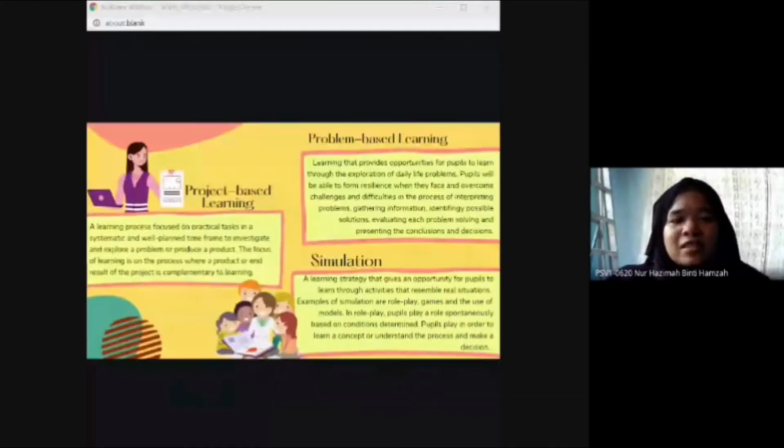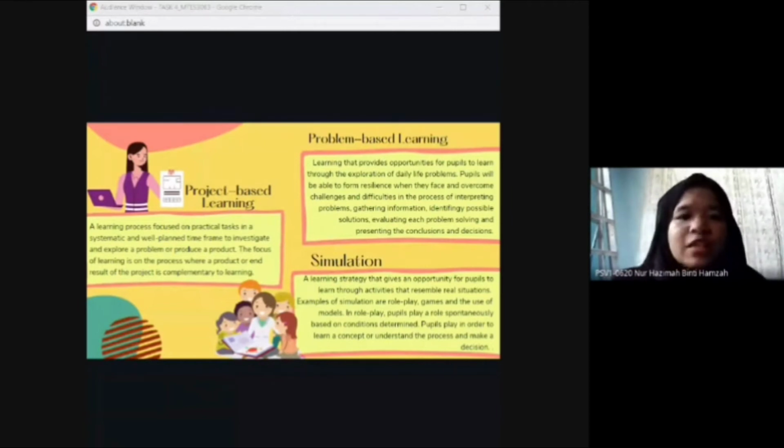So, the third strategy in teaching and learning of mathematics in this curriculum is problem-based learning. Problem-based learning is learning that provides opportunity to pupils to learn through the exploration of daily life problems.